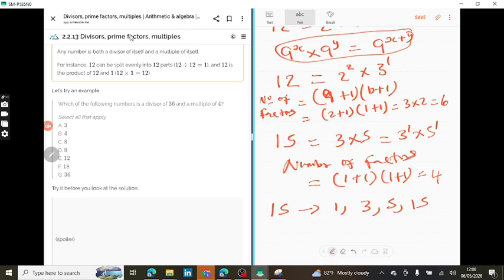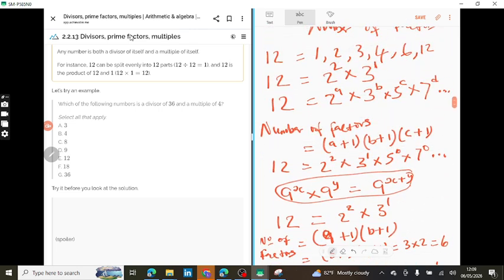Look at the formula there. Up here, where we wrote 12 equals 2 raised to the power 2 times 3 raised to the power 1, and we said number of factors is A plus 1 bracket B plus 1. Right? So in this case, A is 2. Or you need to start looking where we introduced it the first time.